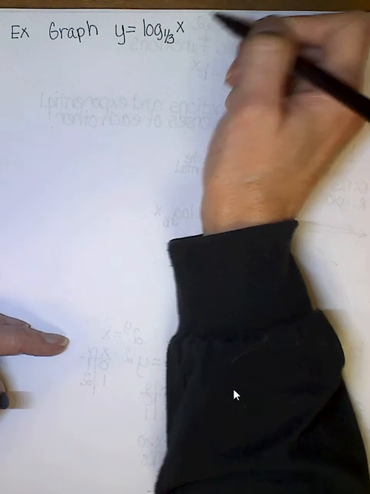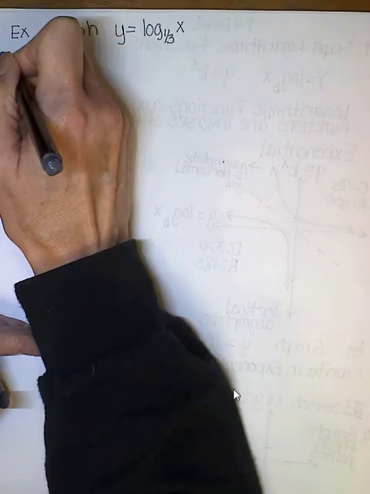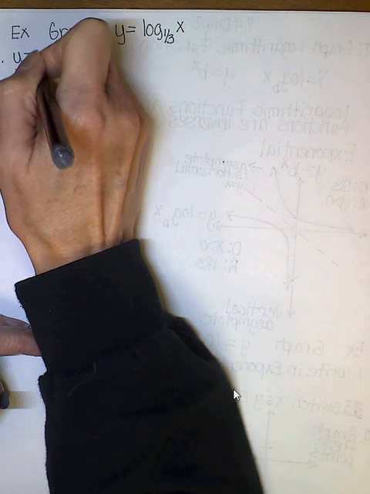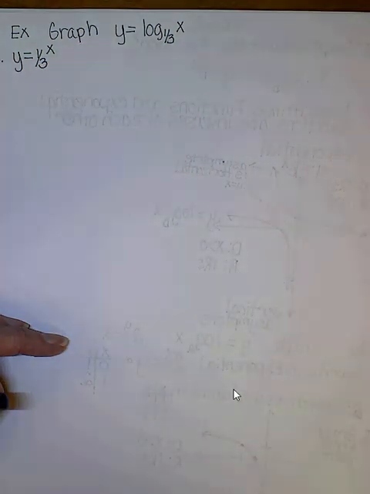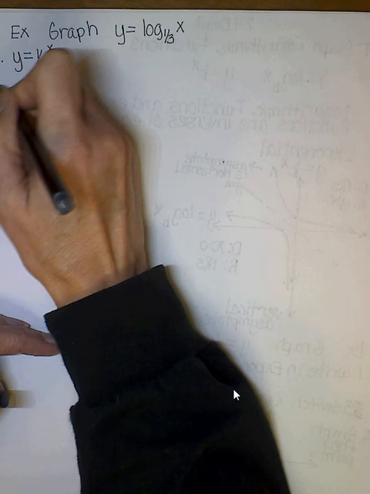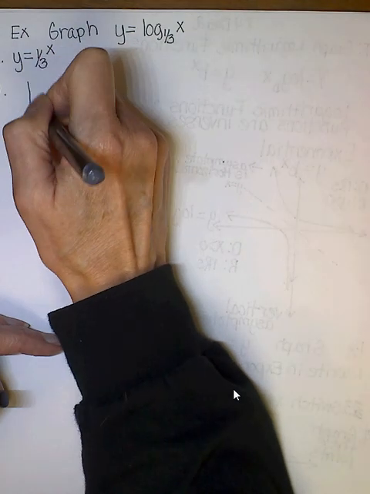First we're going to write our exponential function. And remember, 1/3 is our base, and our exponent will be x. After we do that, we're going to write our xy table for that graph.